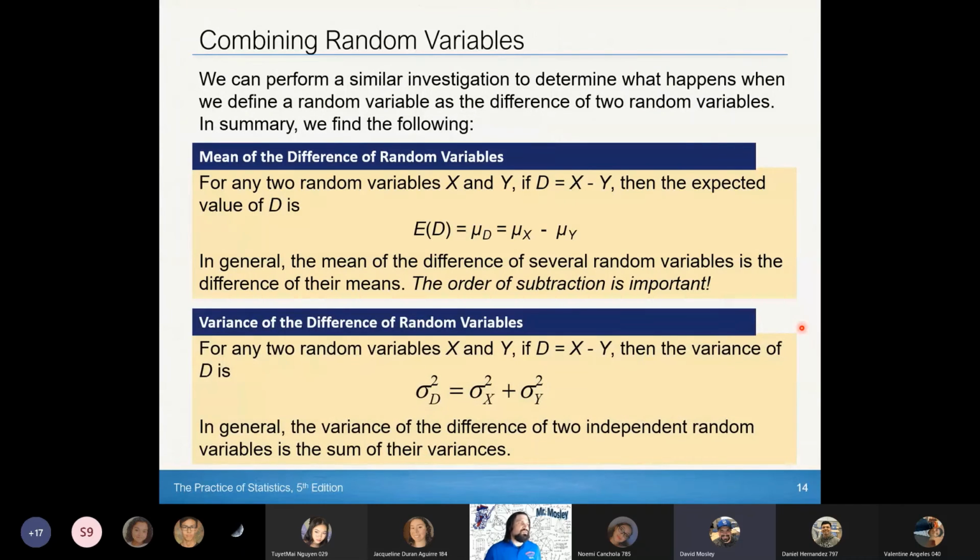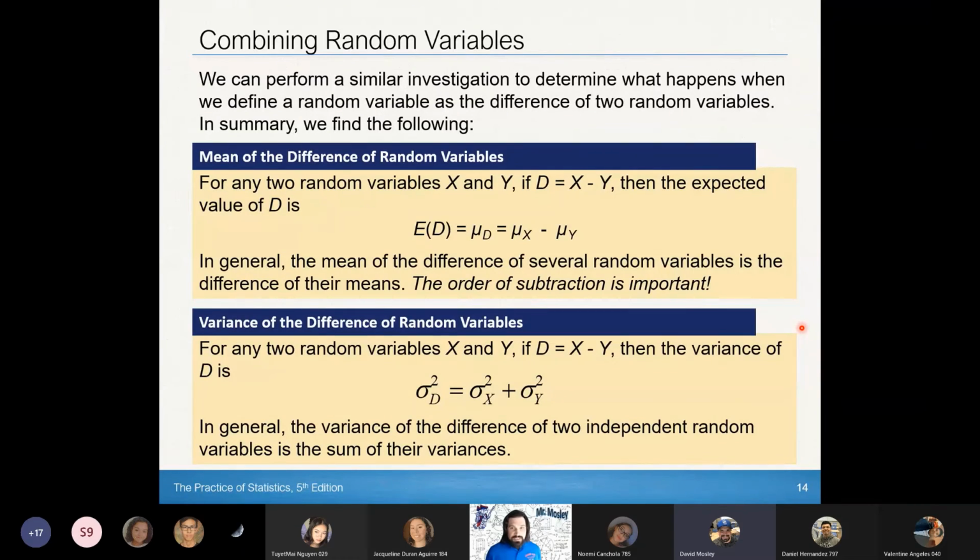We also get the following result for variance. For any two random variables x and y, if d is defined as x minus y, then the variance of d is the variance of x plus the variance of y. This is not a typo. This is the way that it works out. Even when subtracting random variables, the variance is determined by adding the variances of the different independent random variables.